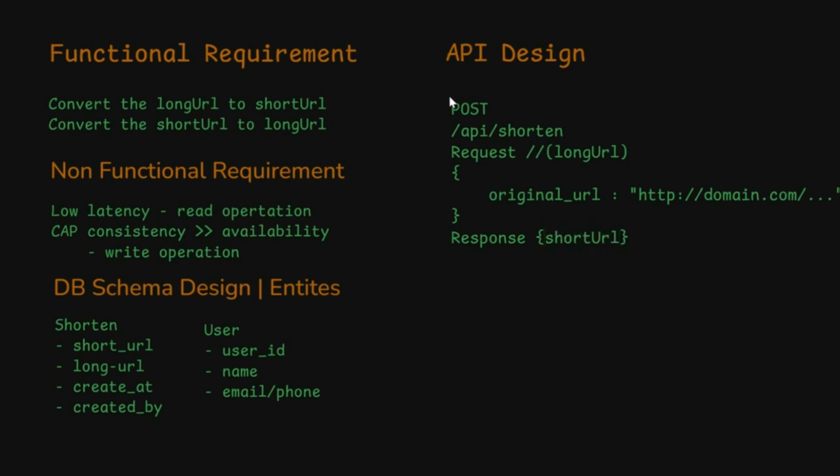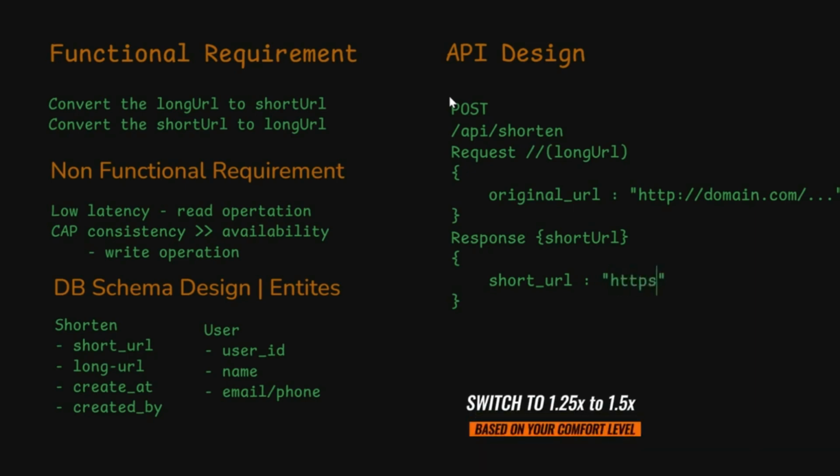Ultimately, we need the short URL from here. So the JSON response would have the short URL, and this response can have something like HTTP colon double slash with our domain name, shorten URL, slash.